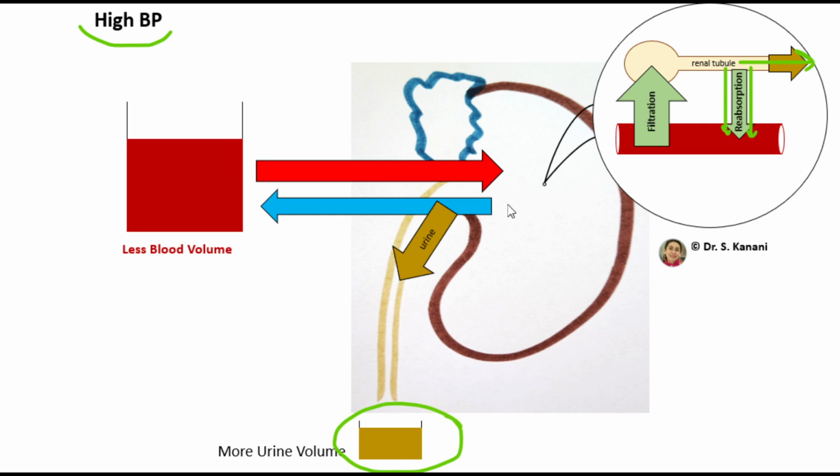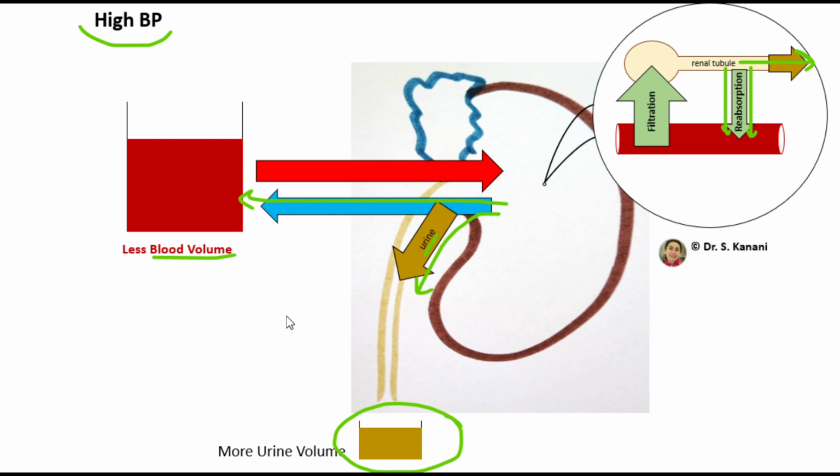So when nephrons send less water back into blood, blood volume decreases, and that leads to a decreased blood pressure. Blood pressure goes back down to normal. However, during this period of time that kidneys are trying to decrease the blood pressure, we notice they keep eliminating more water. The urine volume will increase.